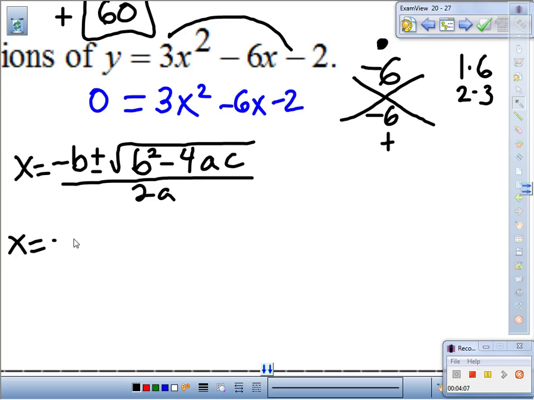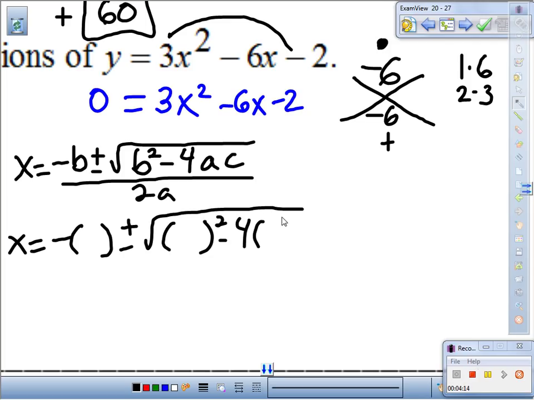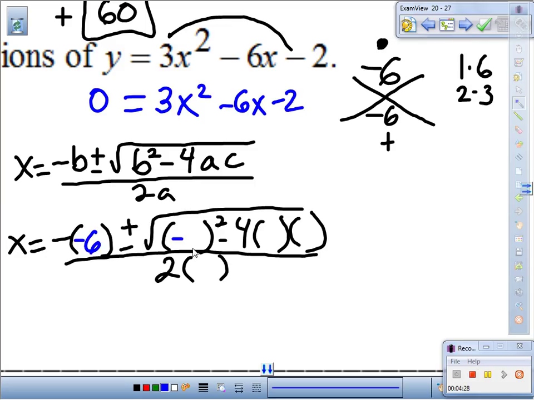X equals minus parentheses plus or minus square root parentheses squared minus 4 parentheses over 2 parentheses. All right, let me substitute values. B, we said it was what? Negative 6. So that goes here, negative 6 and negative 6. A, we said it was 3. So 3 and 3. And C, which is a constant, is negative 2.